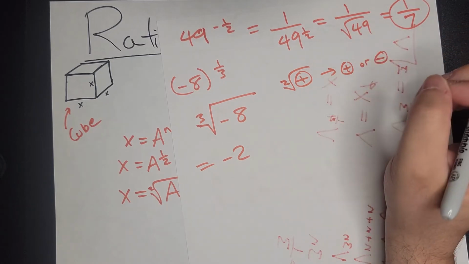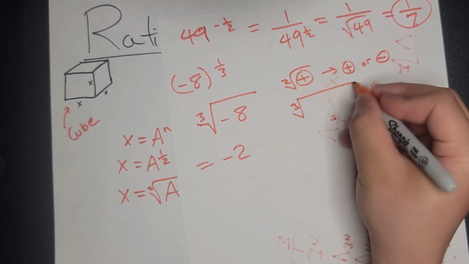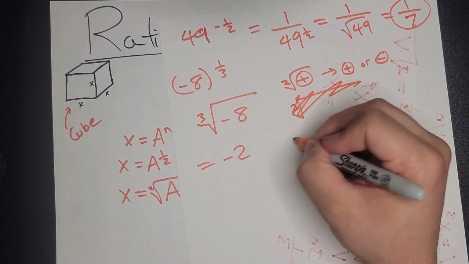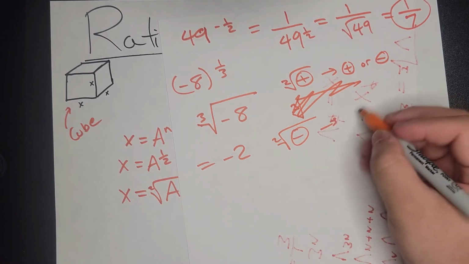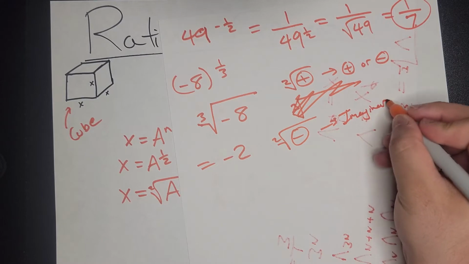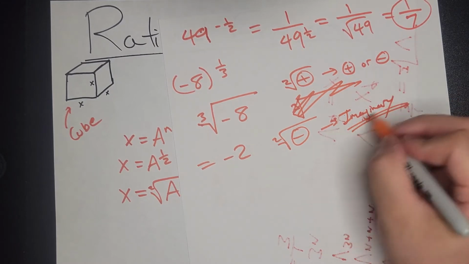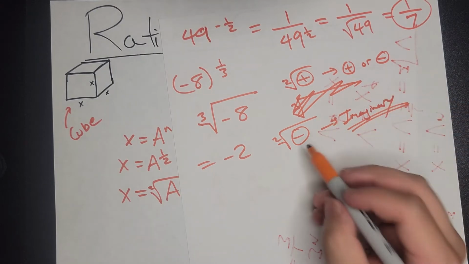That's fine. But if you try taking the square root of a negative number, you're going to end up with an imaginary number. So that's something that we're going to learn much later. But yeah, keep that in mind.